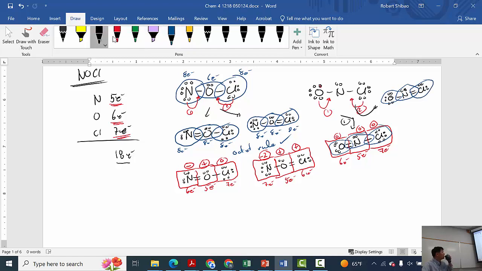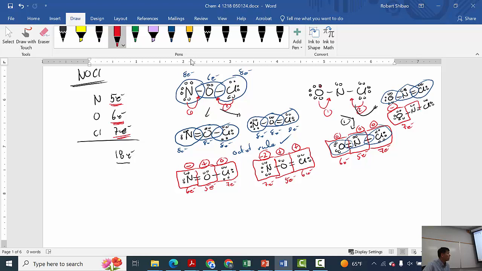Okay, now it's an octet. All right, so let's do formal charge next. Around this oxygen, how many electrons does this oxygen have? 7. It contributed 6. Therefore, it has an extra electron, giving it what formal charge? Negative.